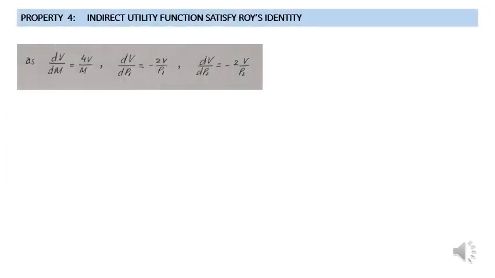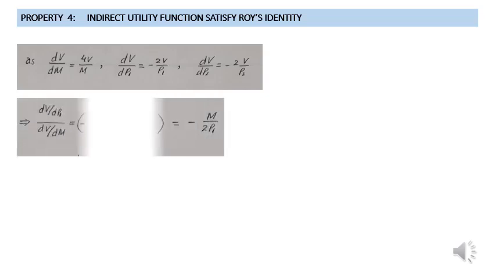Now we are going to apply Roy's identity. We already know that dv over dm is 4v over m, dv over dp1 is minus 2v over p1, dv over dp2 is minus 2v over p2. So Roy's identity is simply the ratio of the two partial derivatives. That's the ratio of the derivative of indirect utility with respect to price and income.